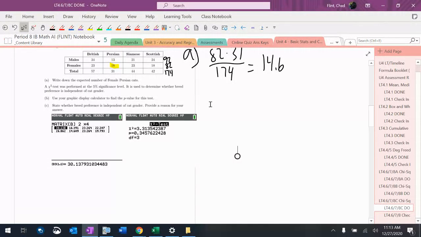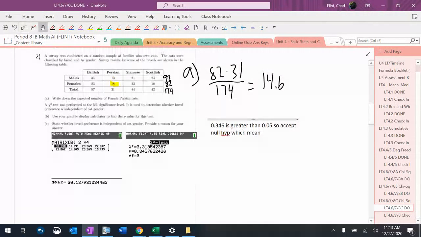Now, it didn't have me write a null hypothesis. So what I'm going to do here is I'm going to write this down. I'm going to think about it. So 0.346 is greater than 0.05, to compare to the significance level. So we accept the null hypothesis, which means, all right, now null hypothesis is always independent. So which means, what are we comparing here?